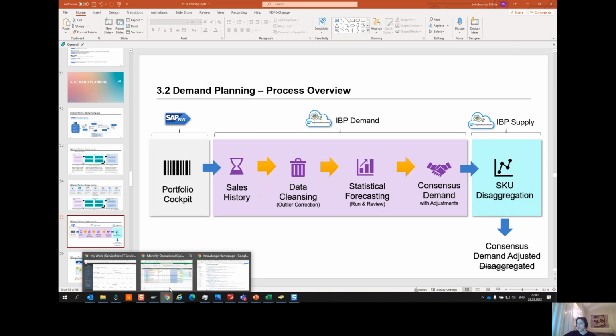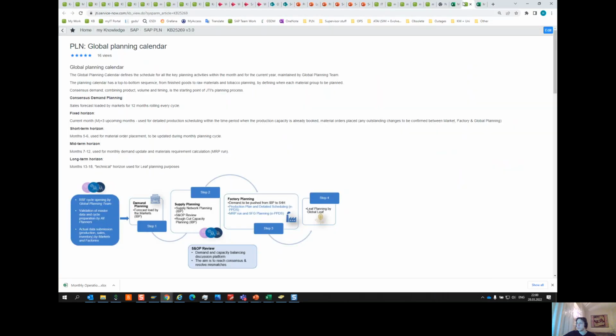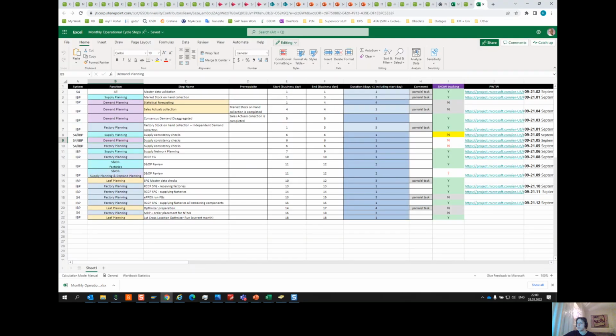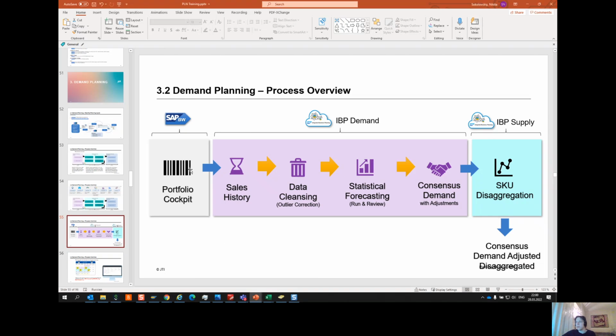As we checked in the monthly operational cycle steps, first of all, we need master data validation, and this should be done in S4 SAP. Once it is done in S4 SAP, the information is synchronized with IBP, and planners can enter Portfolio Cockpit and maintain the data here.